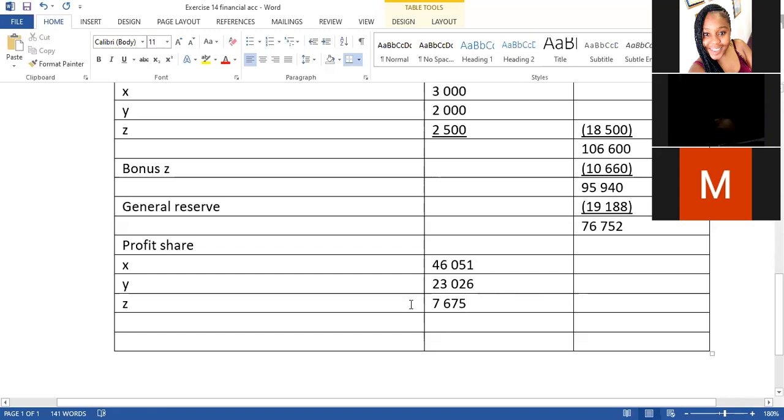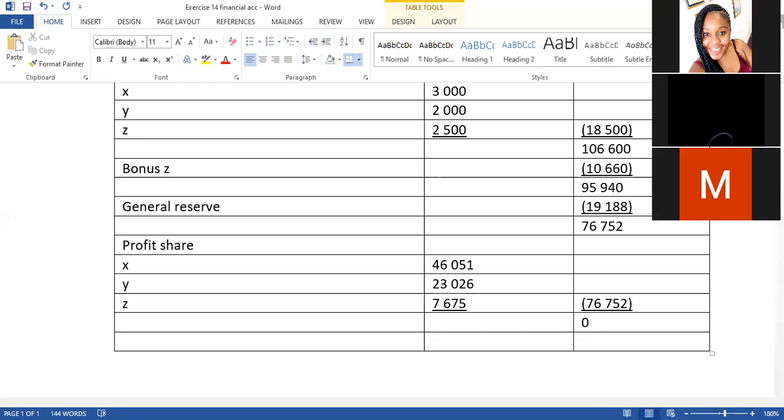So if you add all this together, it will give you a total of 76,752, right? Yes. And then you will be left with 0, meaning that your whole profit is shared. Then you are done. You get full marks on your appropriation account.